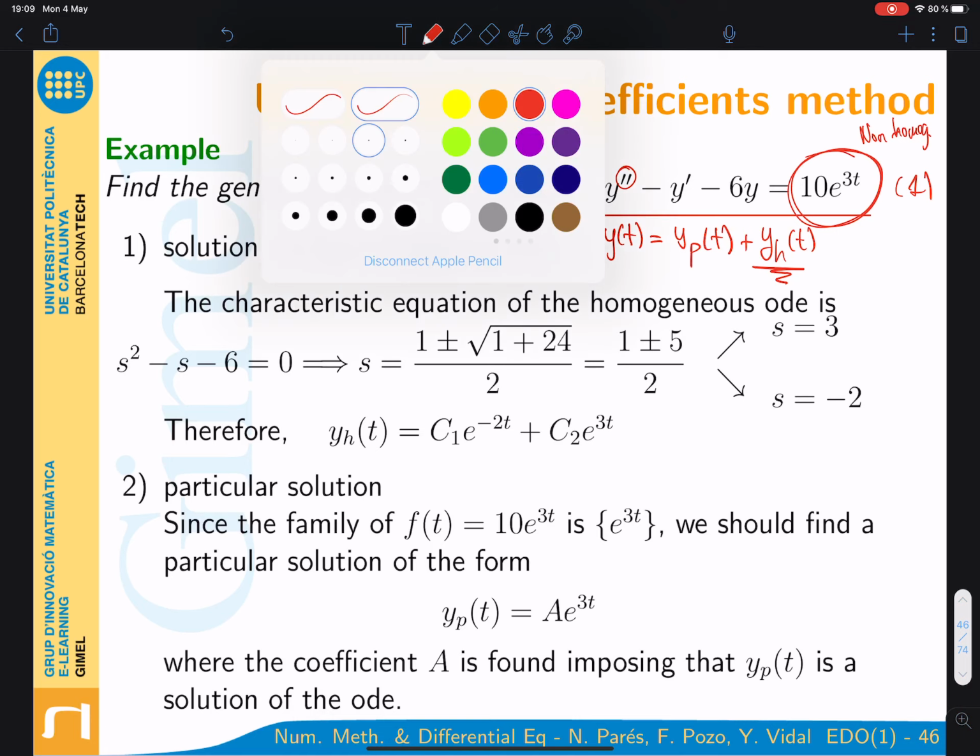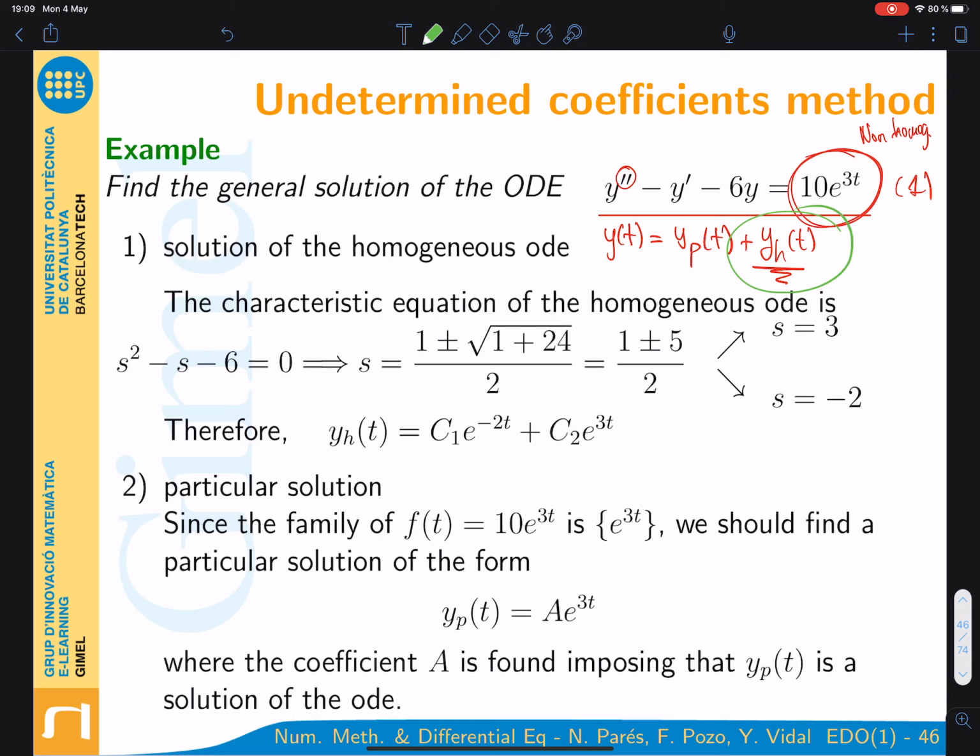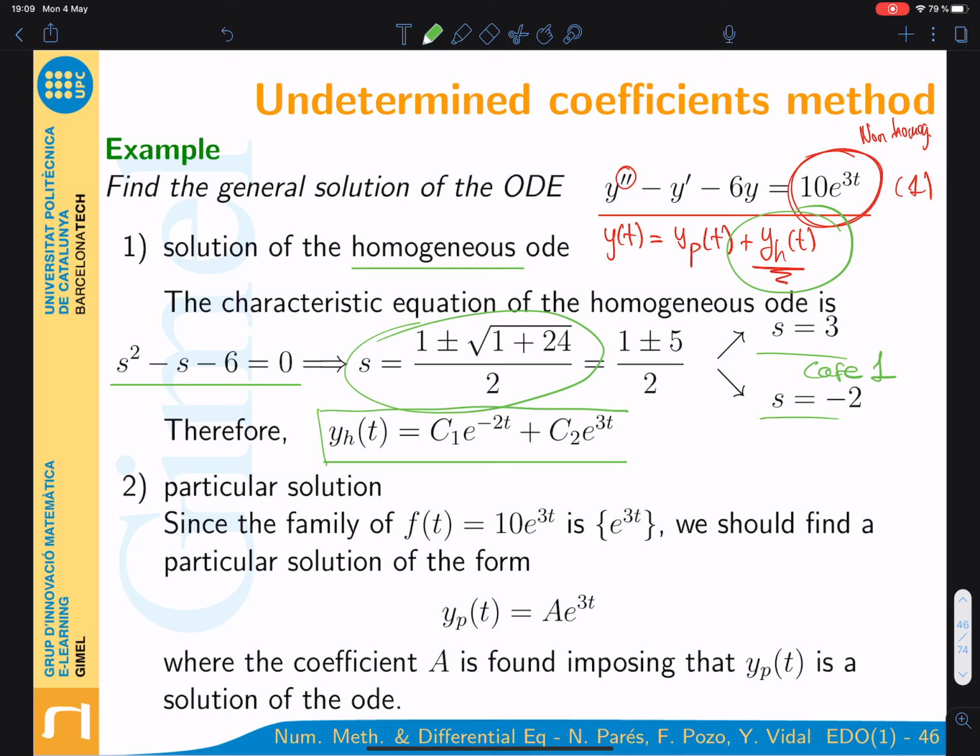And we already know how to compute this one because this is the solution of the homogeneous ODE. So the case where we are just neglecting this term here and making it 0, okay? In order to solve the homogeneous equation, we just write the characteristic equation, we solve for s, and we found that in this case, we are in case 1, we have two different real solutions, and the general homogeneous solution looks like this, okay?